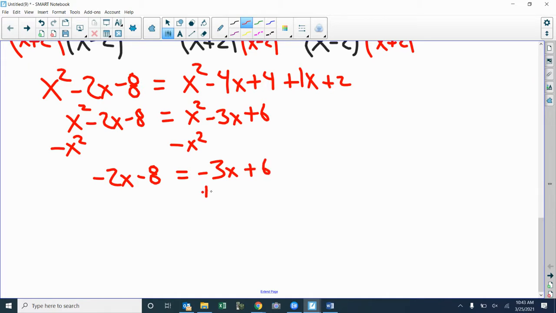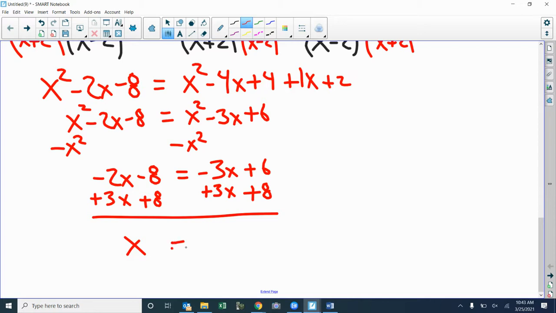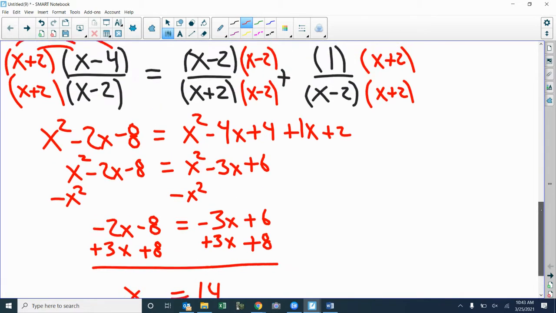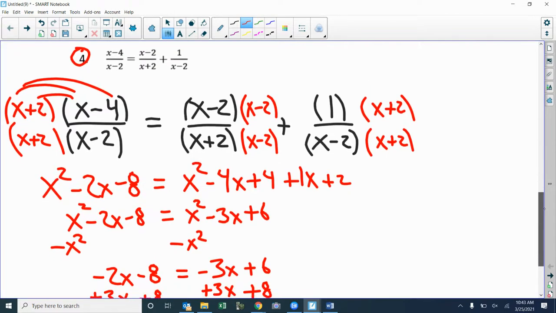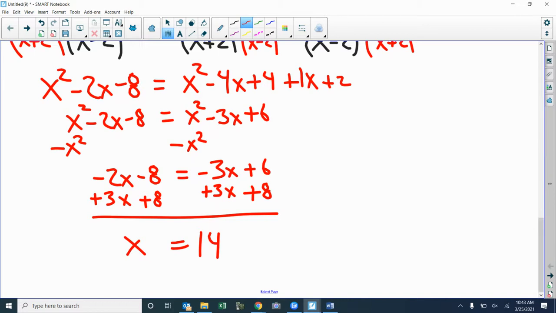I'll add 3x, so now on this side, I'm down to x. I'm going to add 8, and there I have 14. Now that worked out really kind of slick, didn't it? We end up with just one x, and our x is equal to 14. If we go back up, that is an okay solution to our starting problem. We just got some 2's. The only thing we couldn't have was positive and negative 2, so there you have it.